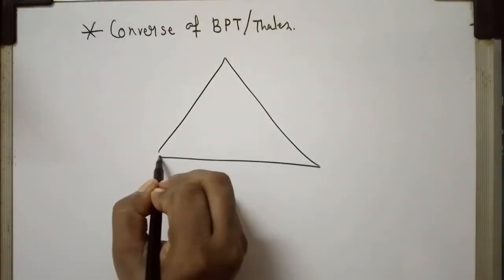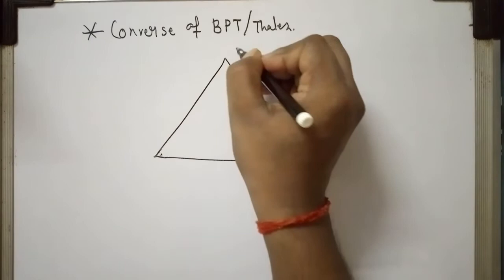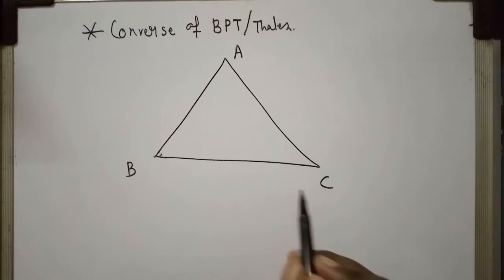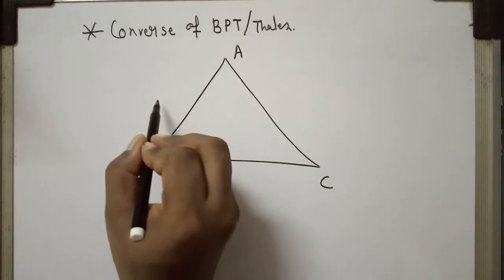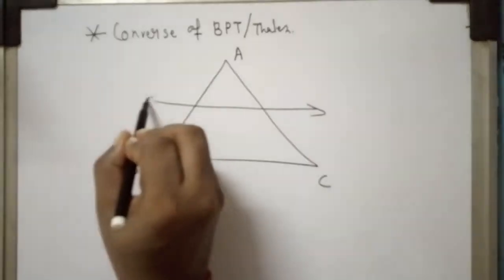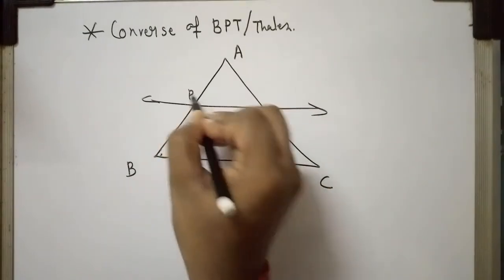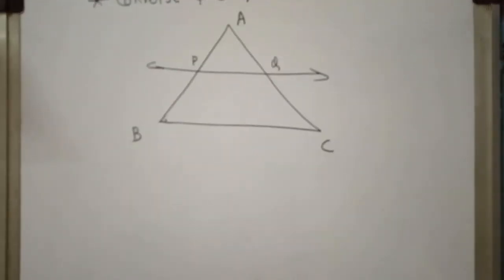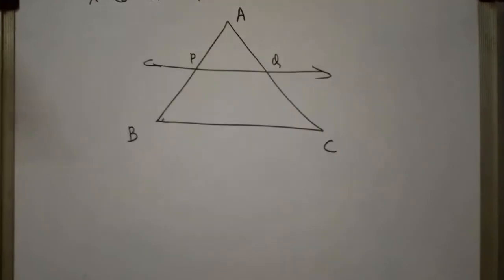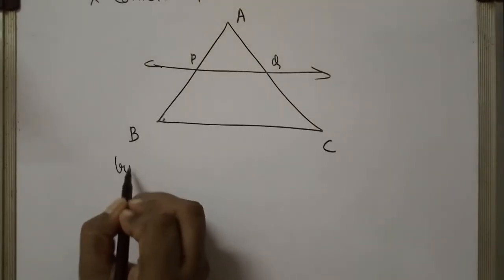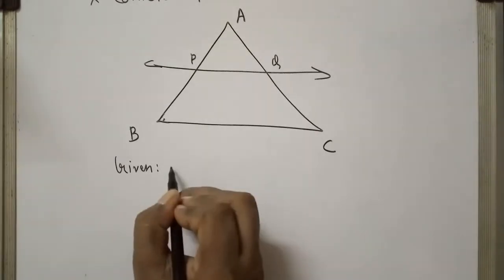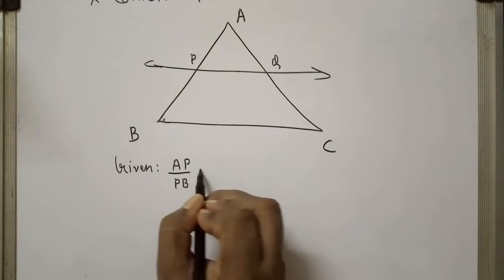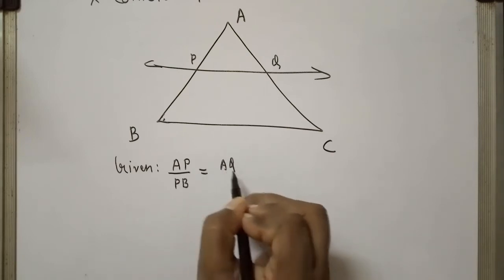This is any triangle. Let's say this triangle is ABC, this is P, this is Q. What is given to us is AP upon PB equals AQ upon QC.